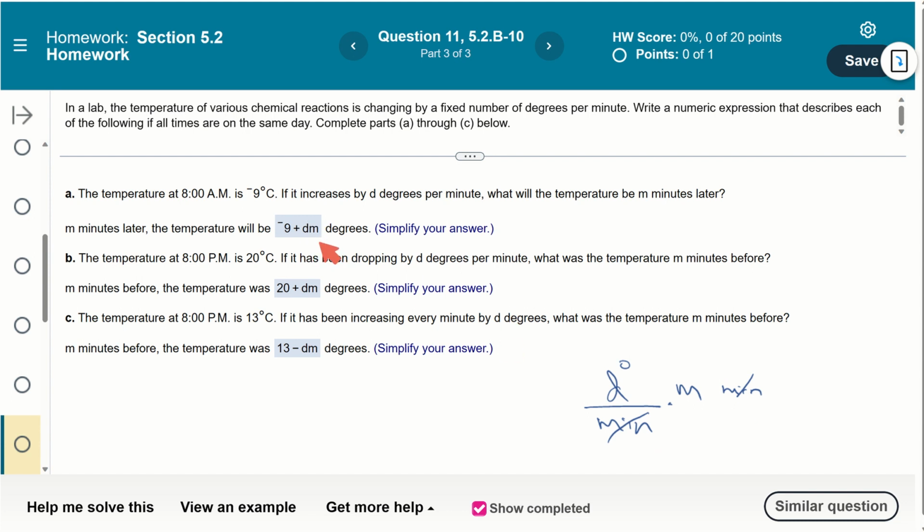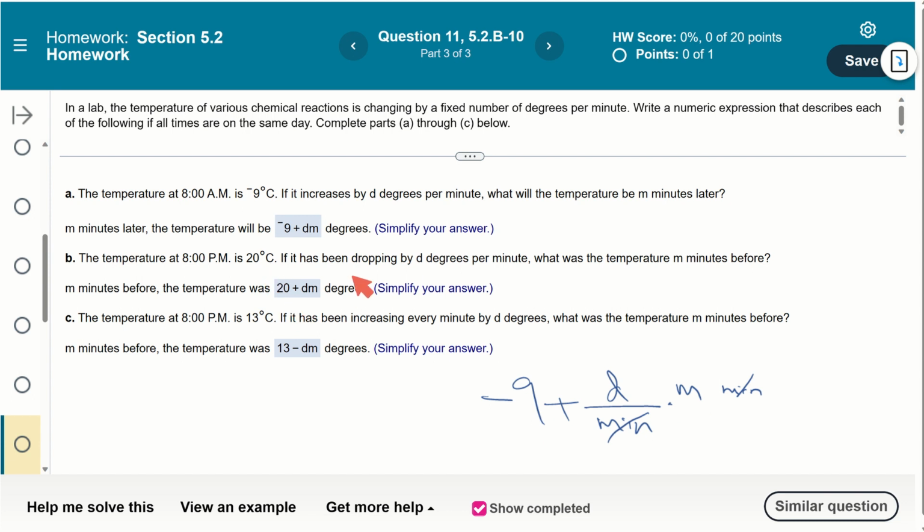Now, because we're putting the degrees at the end there, we don't need to put them here, right? So notice you just get the dm. So you start with the -9 degrees, and you add to it this many degrees, and you end up with -9 plus what? dm.